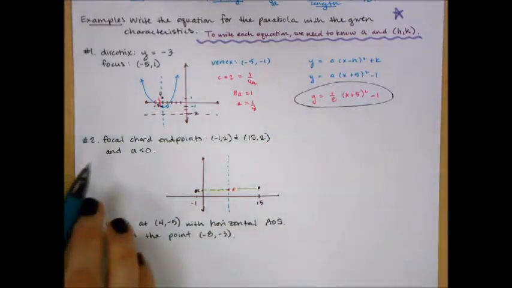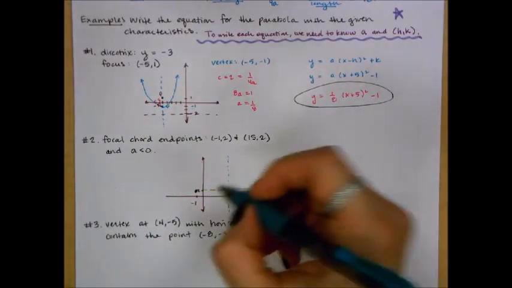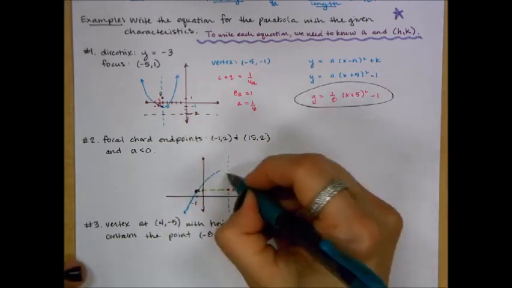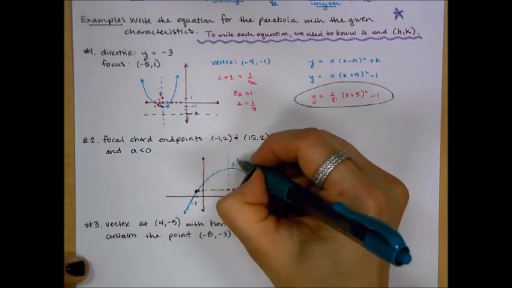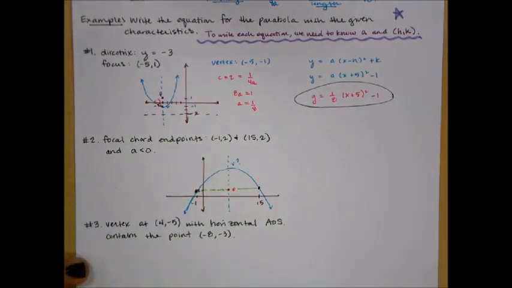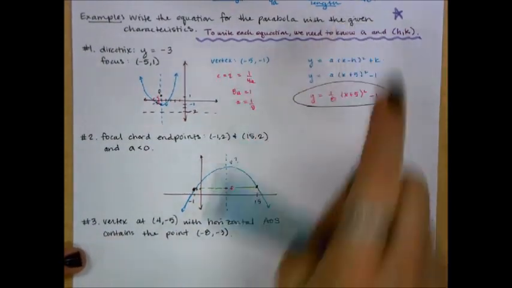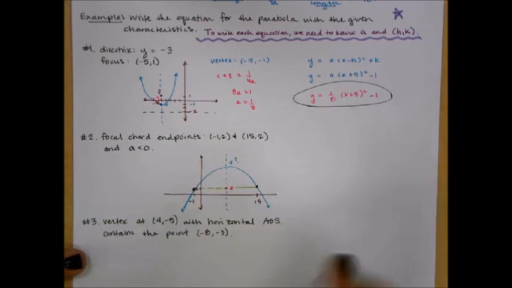Because a is negative, this tells me that my parabola is opening down. We're just not sure where that vertex is, and we do need to find that value here. So we're going to start with the focal chord length for c. The length of the focal chord from -1 to 15 is 16.